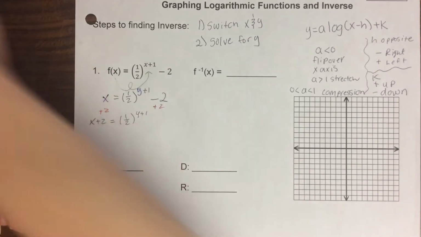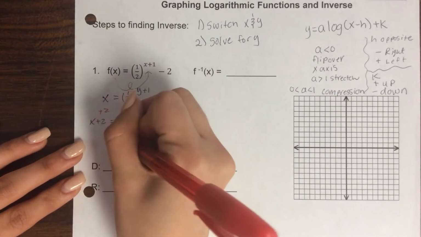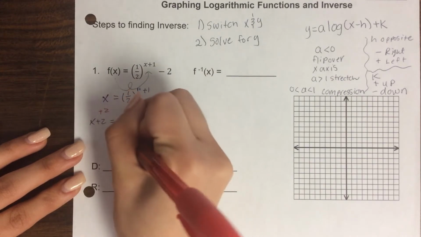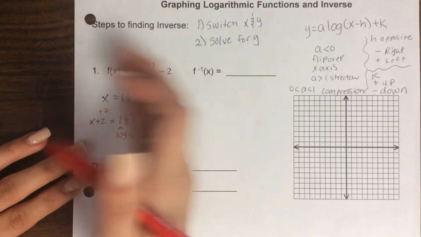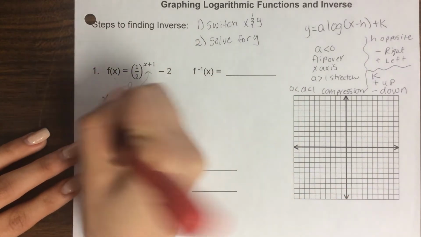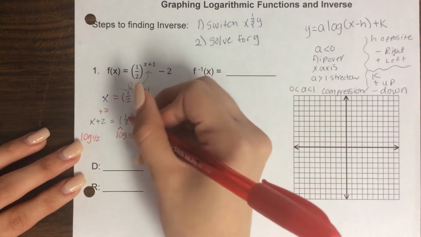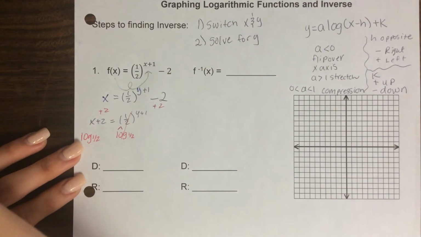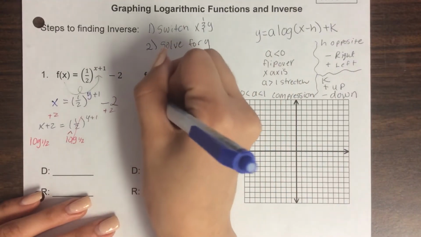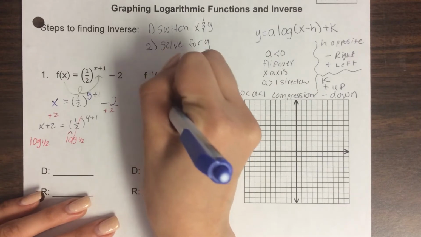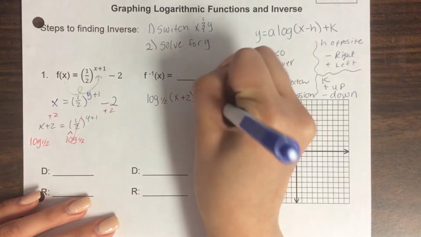So the way we are going to actually cancel this entire half out is raising it to the power of log half. So power log half, right? So these two cancel, leaving me, so I'm going to now write on this side, leaving me with log half of x plus 2 is equal to y plus 1.